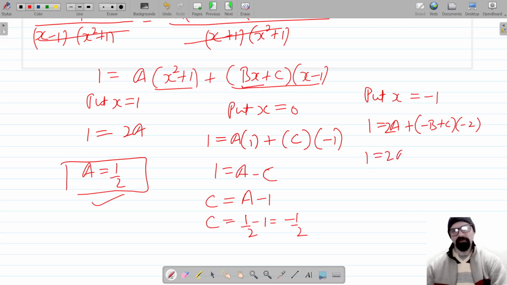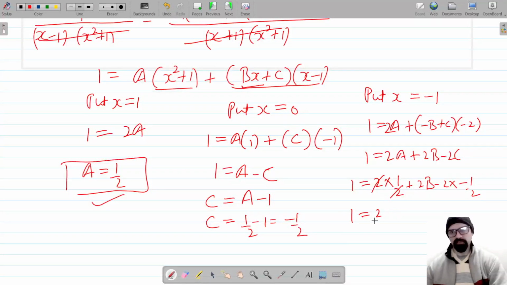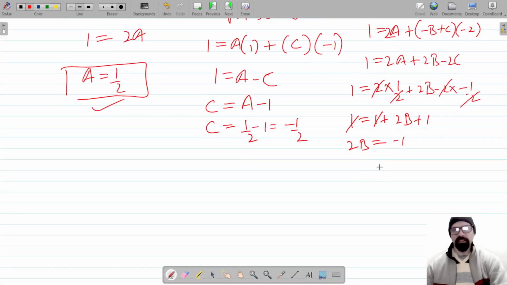So 1 is equal to 2A plus 2B minus 2C. Now 1 is equal to 2 into A, which is half, plus 2B minus 2 into C, which is negative half, which gives me 1 is equal to 1 plus 2B plus 1. So 2B is equal to negative 1, and B is negative half.